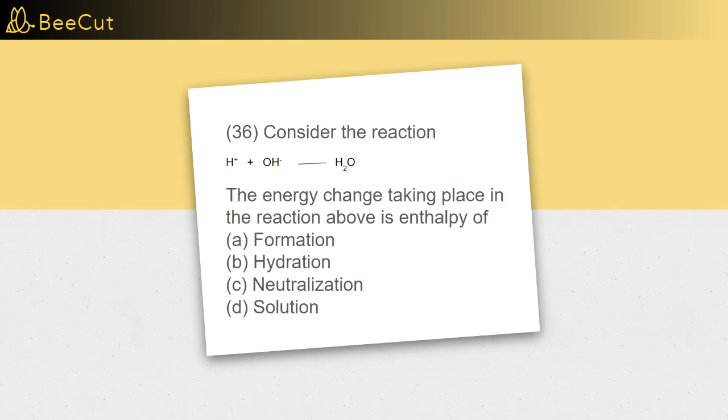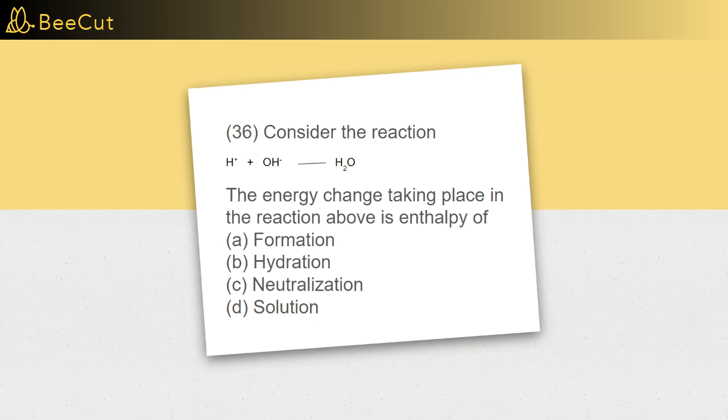Consider the following question. Hydrogen ion plus hydroxide ion gives H2O. The energy change taking place in the reaction above is enthalpy of what? A, formation; B, hydration; C, neutralization; D, solution.